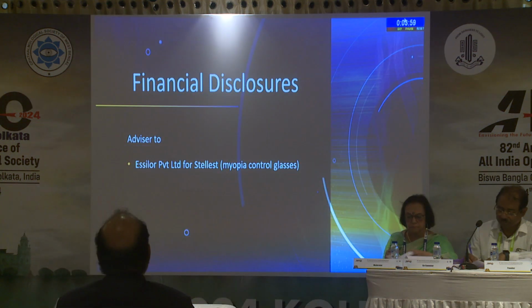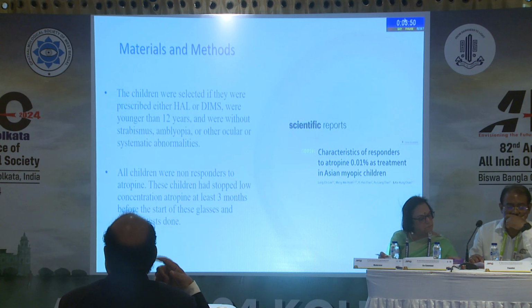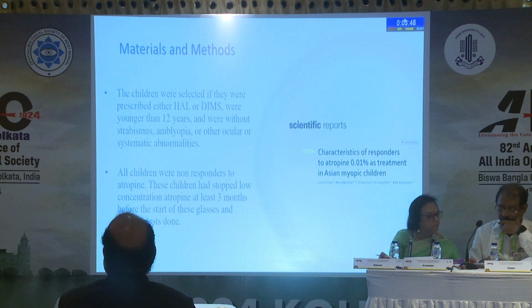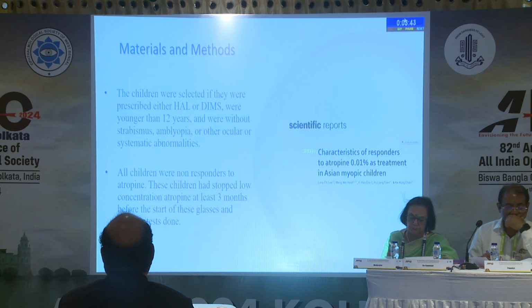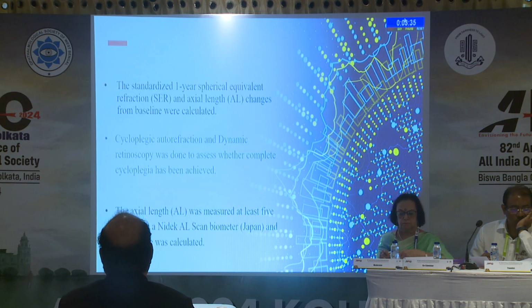The children were selected if they were prescribed either HALT or DIMS lenses, were younger than 12 years, and were without any other ocular abnormality like strabismus, amblyopia, or any other ocular or systemic anomalies. All the children were non-responders to atropine, and had stopped atropine 3 months prior to being given glasses to account for any rebound effect.